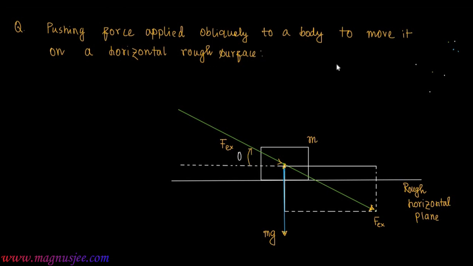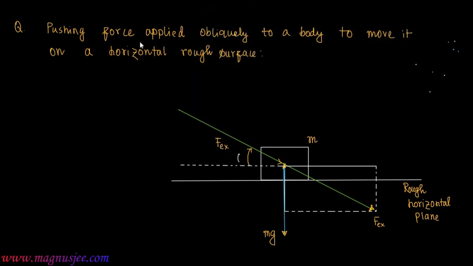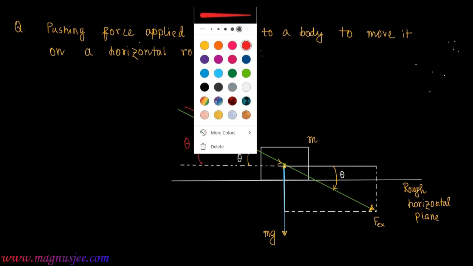We have also drawn a rectangle taking the external force Fex as the diagonal. Fex acts obliquely at an angle theta with the horizontal direction. We can consider the vertically opposite angle as theta also.